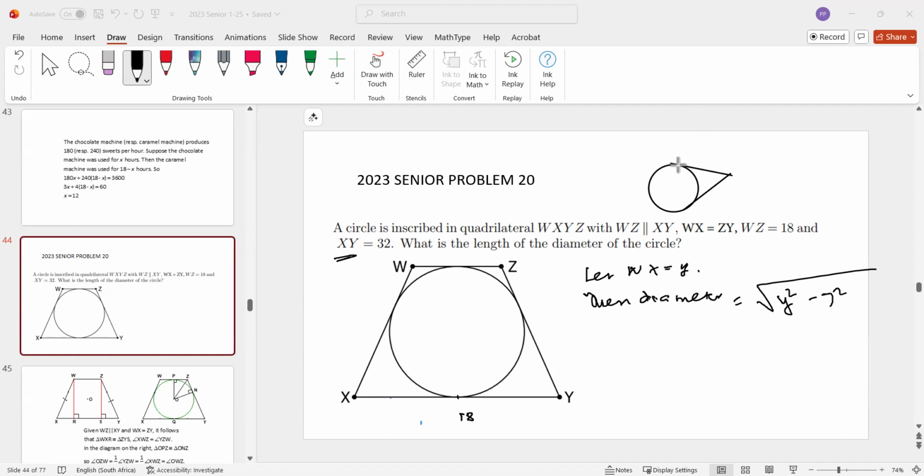If you want to know why, I'll take this point of contact, join to the center, and this point of contact, join to the center, and then join these two. And if you look at these two triangles that have been formed, you will see that they are congruent.